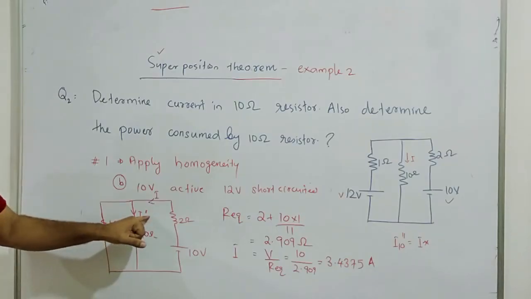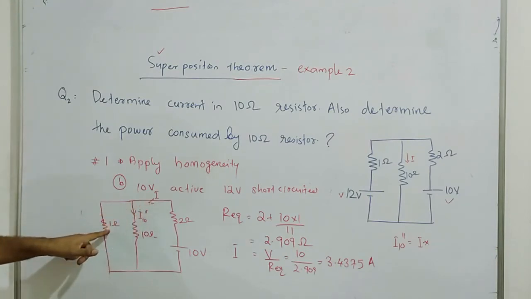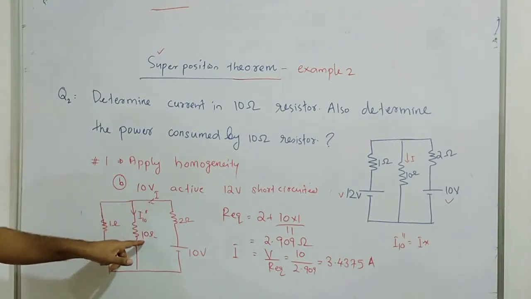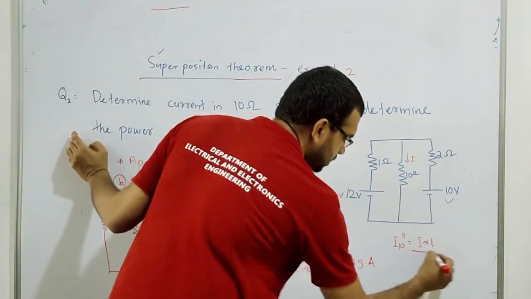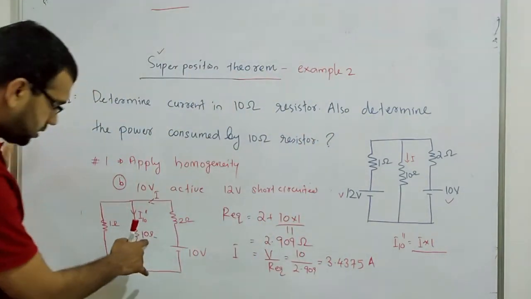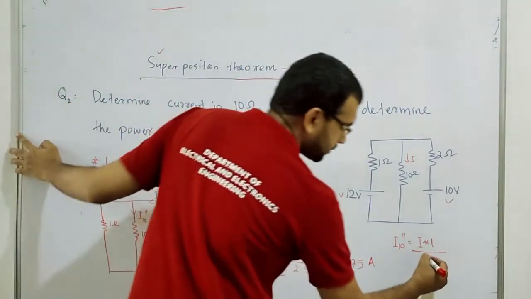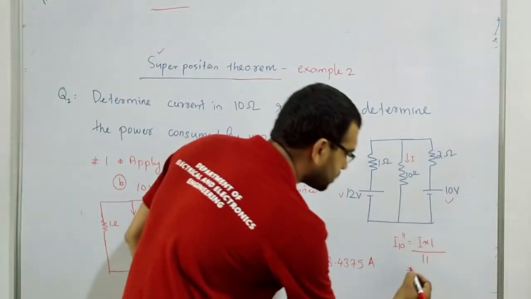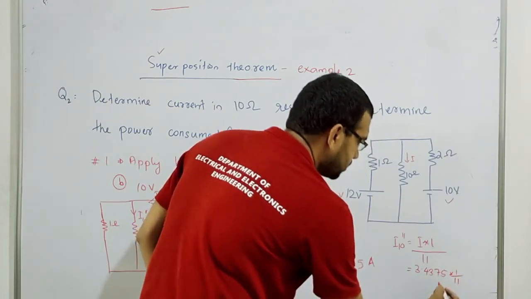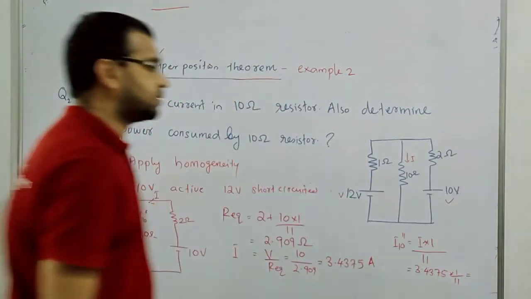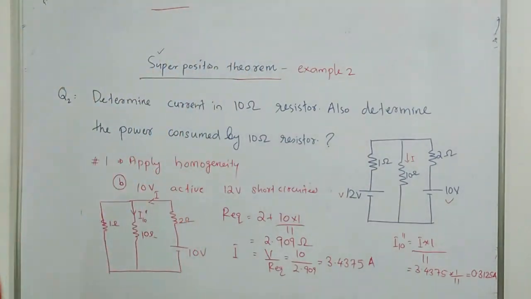I10 double dash is equal to the main current into the other branch resistance divided by the total resistance. So what is the other branch resistance? 1 ohm, divided by the total 10 plus 1, 11. I is obtained as 3.4375 into 1 by 11, which is obtained as 0.3125 ampere.